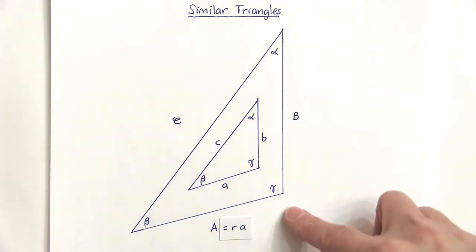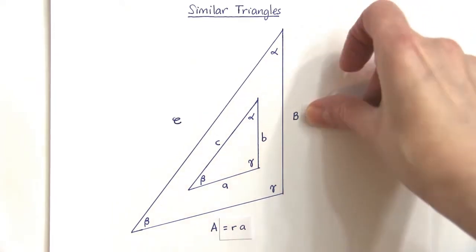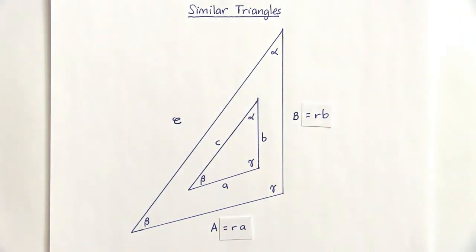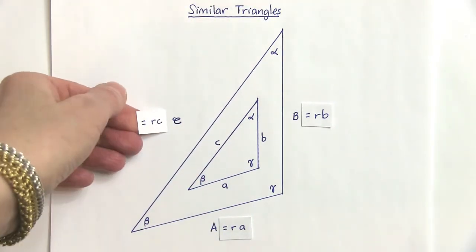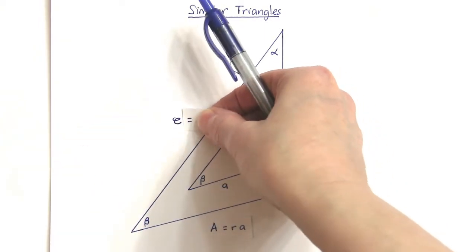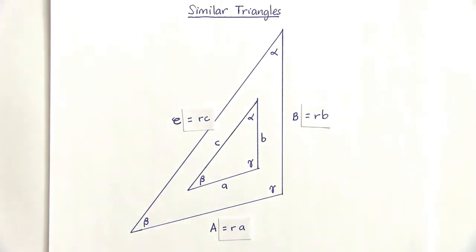And so this corresponding side, big B, is the same multiple, R times little b, and this corresponding side length, big C, is the same multiple of the side length little c.